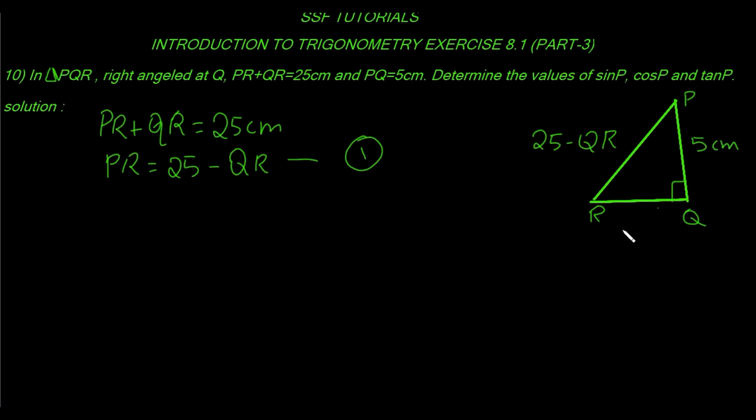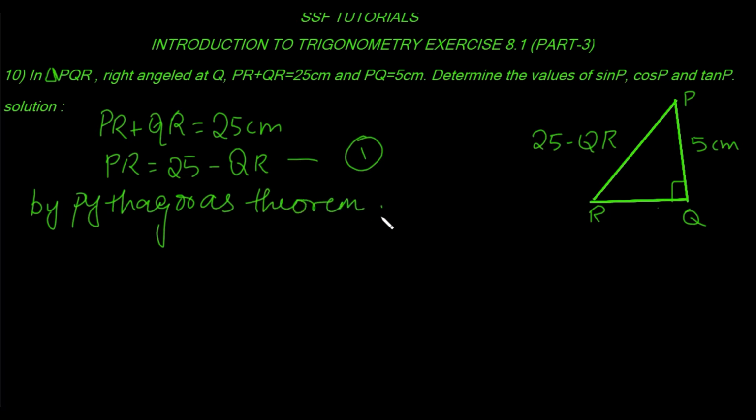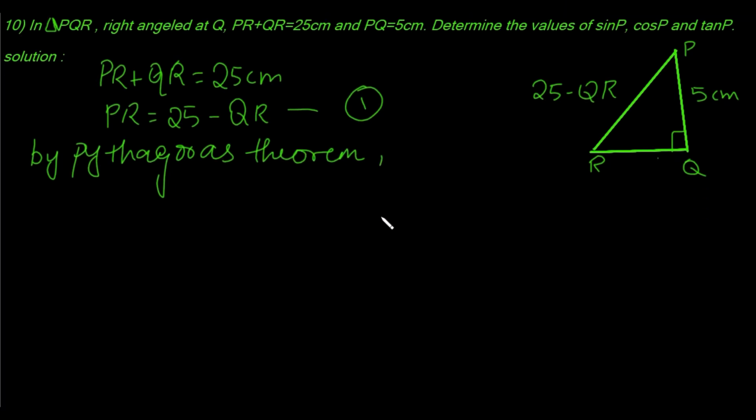Let's find this side by using the Pythagoras theorem, which is going to be equal to the hypotenuse side, that is PR square is equal to RQ square plus PQ square.